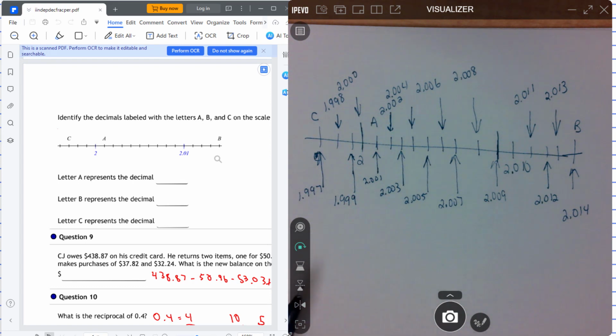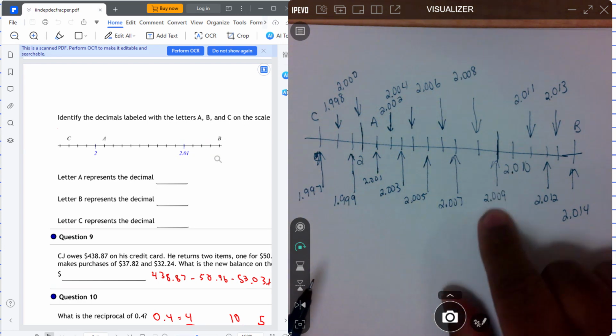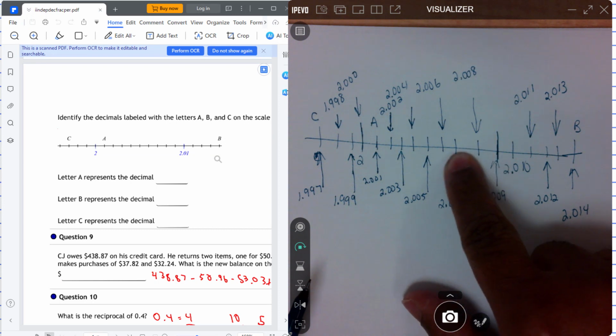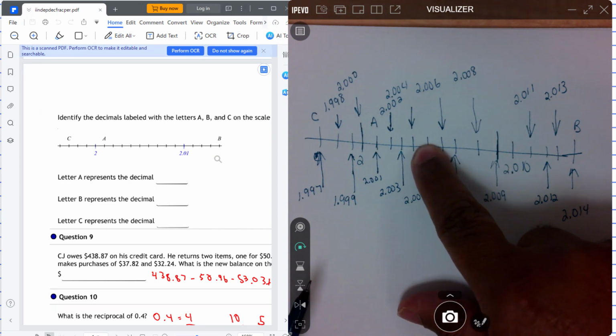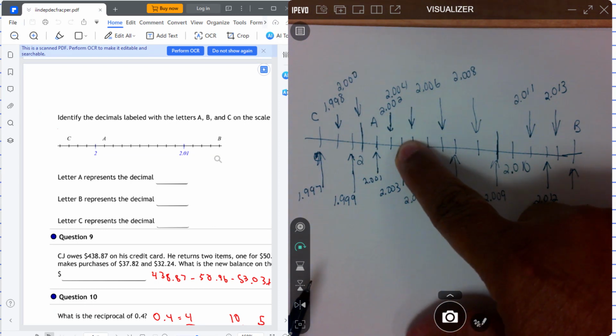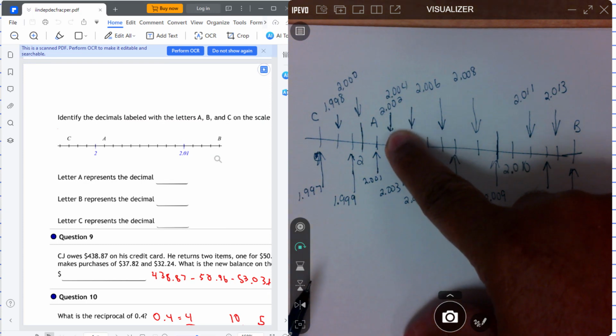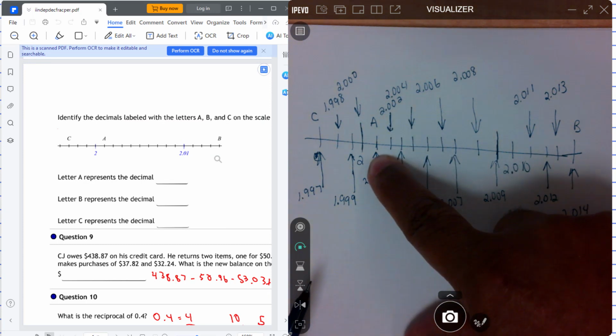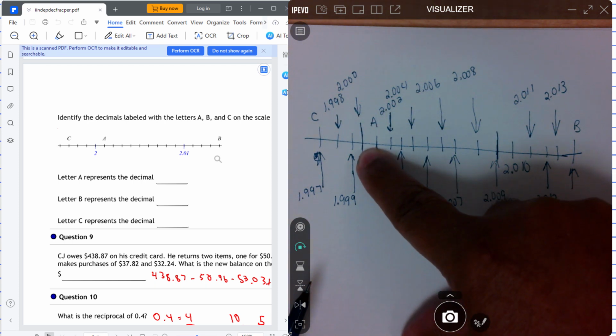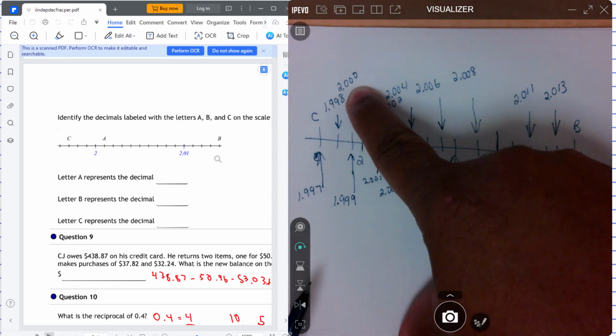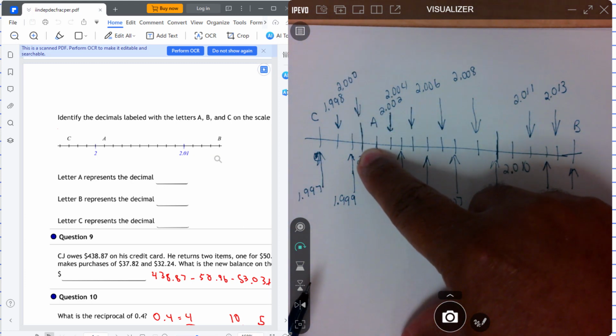Okay. And then counting down, I have this 2.009, 008, 007, 006, 005, 004, 003, and there's 2.002, and that's 2.001, and then that's 2.000 right here.